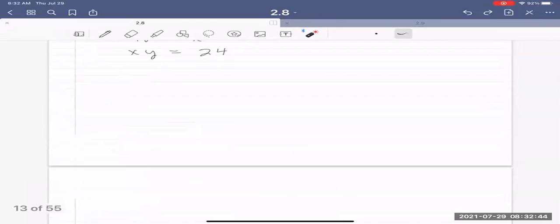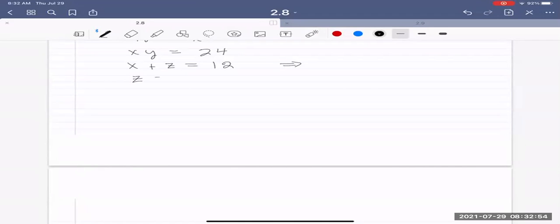So I know that x plus z is equal to 12. Therefore, z is 12 minus x.